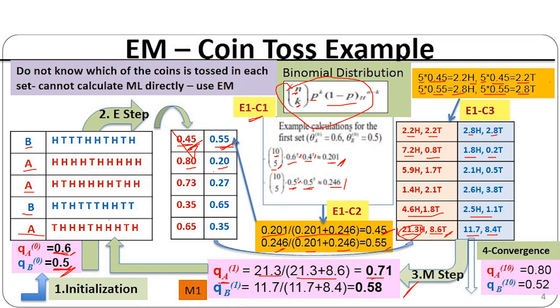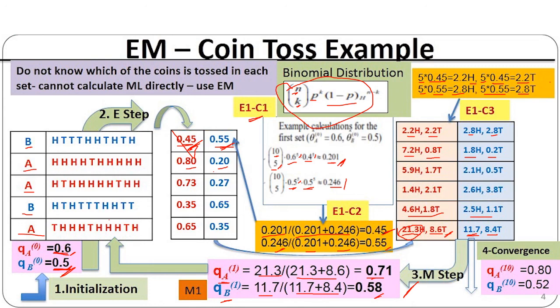And for coin B, what is the probability of getting head? Here it is 11.7 upon 11.7 plus 8.4, so here we'll get 0.58.